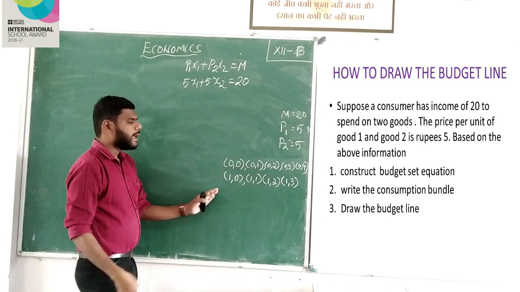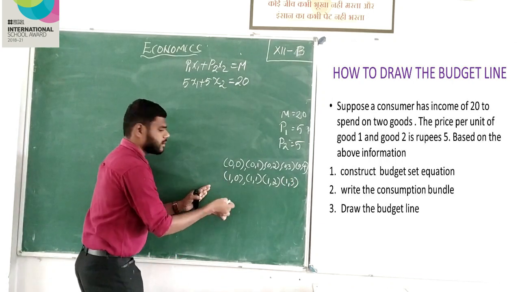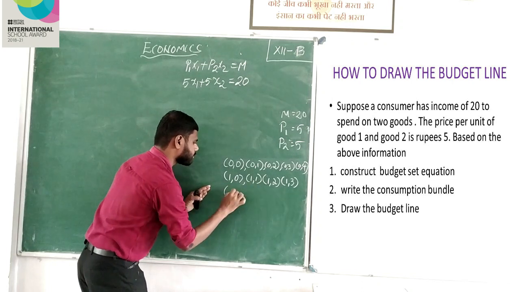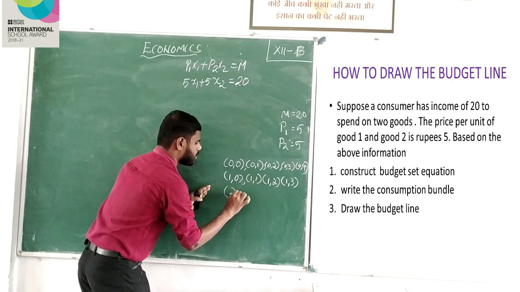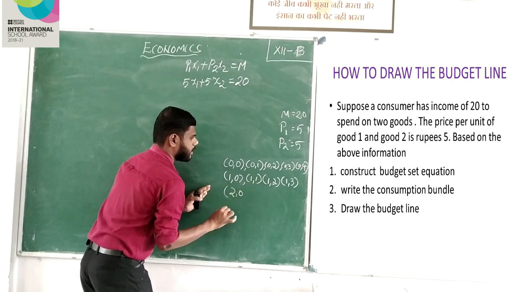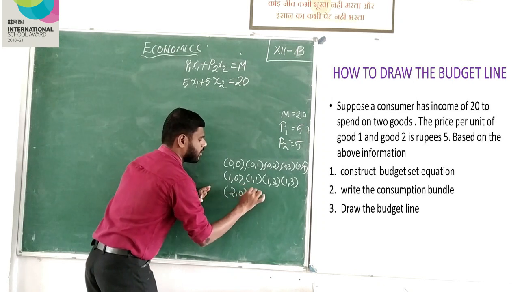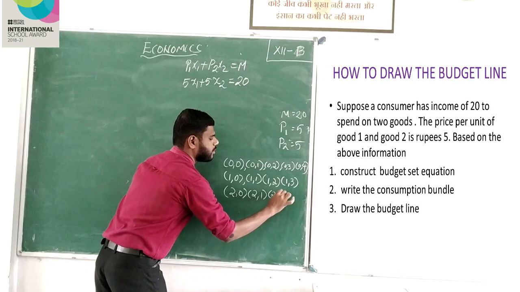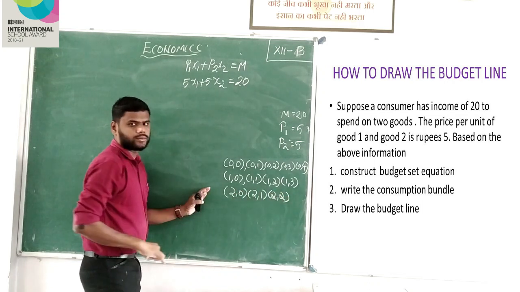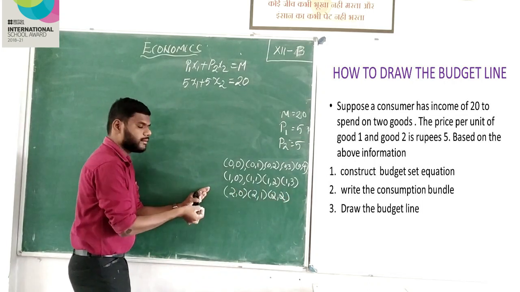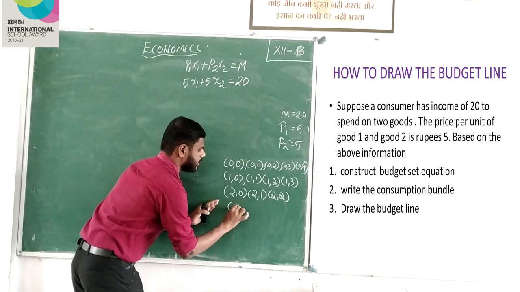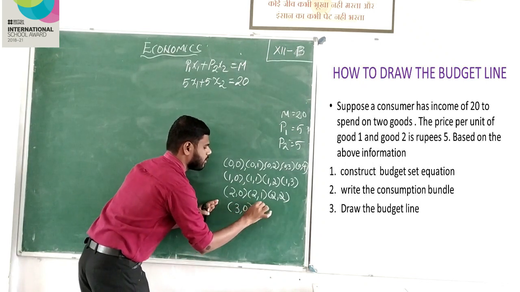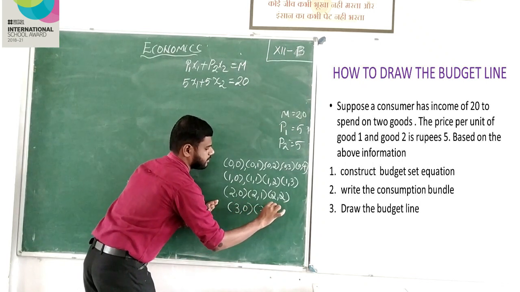Next choice, that is 2, 0, 2, 1, 2, 2. Next one, 3, 0, 3, 1.